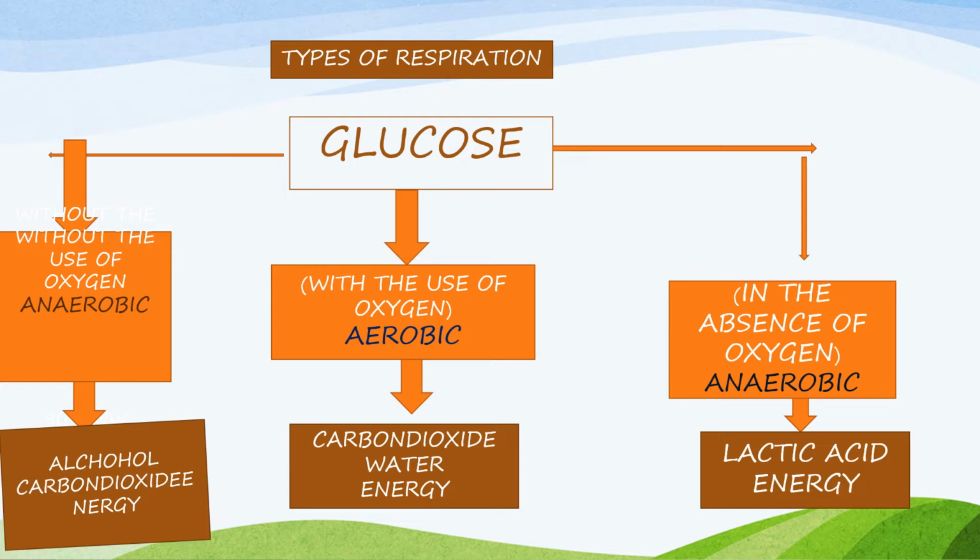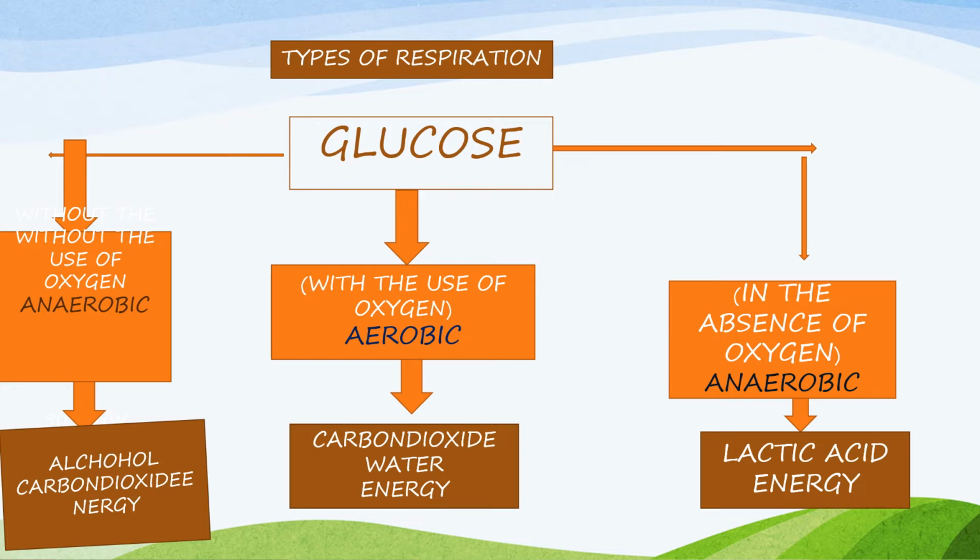Now, the second type of respiration is anaerobic respiration. The term anaerobic means without the use of oxygen, or in the absence of oxygen. Anaerobic respiration takes place in the absence of air.